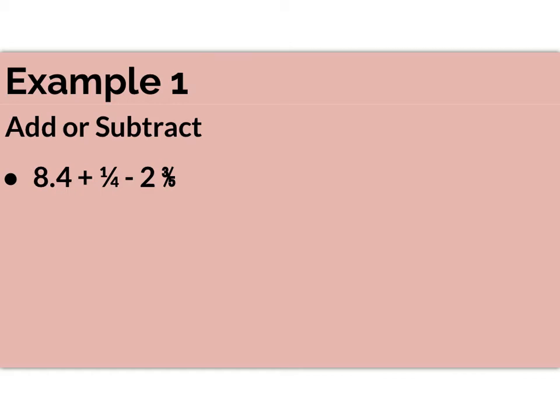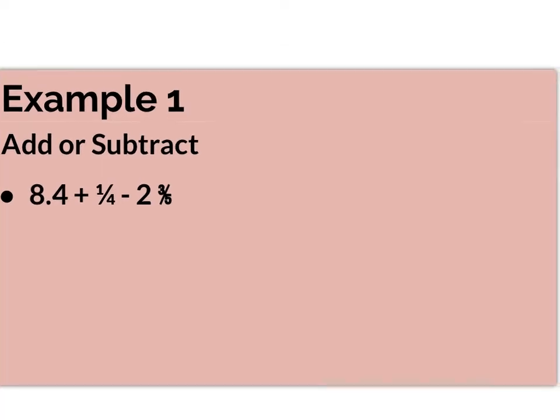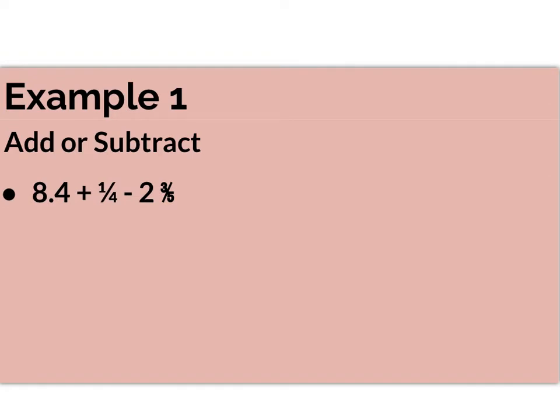So the first thing you're going to want to do is convert all of these things into decimals and or fractions unless you want to put these in a calculator. So 8.4 is already a decimal.